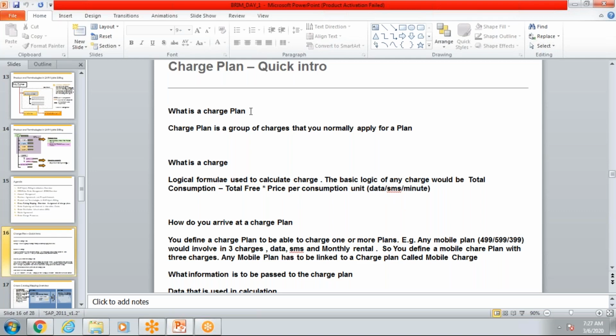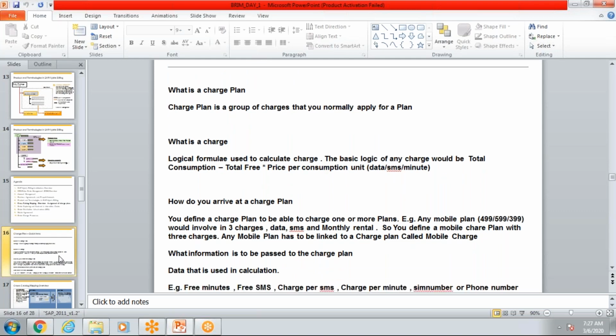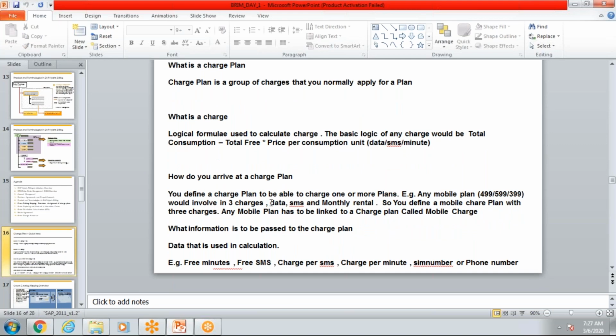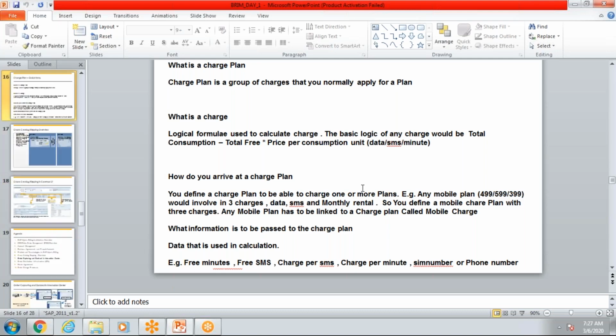This charge plan will be assigned to the CRM product level through cross catalog mapping. Okay. So cross catalog mapping will be available in which system? In the CRM system. CRM only.